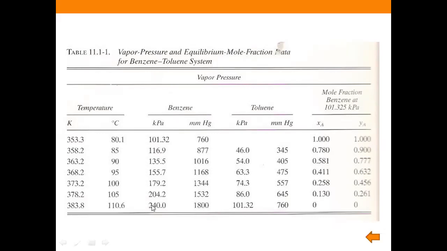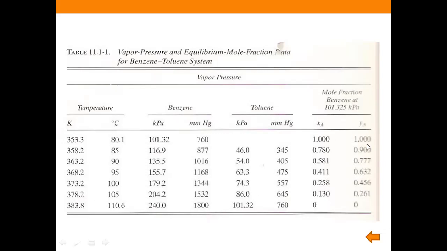Though this table does not have all the properties, and the relationships are not linear, we can simply approximate. It would be difficult, or would require a lengthy procedure, to really draw the graph of the vapor pressure against temperature for one component, then another component, and even the graph of XA and YA based on temperature.